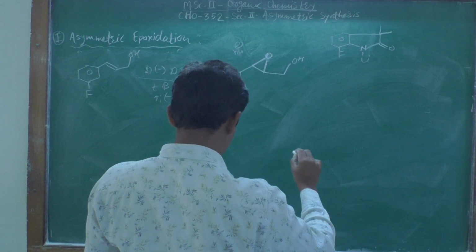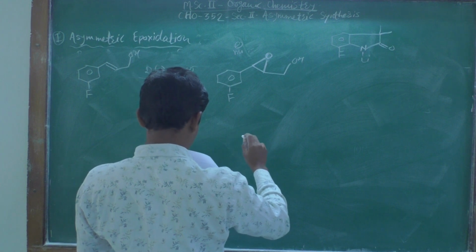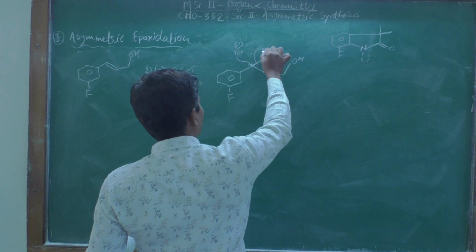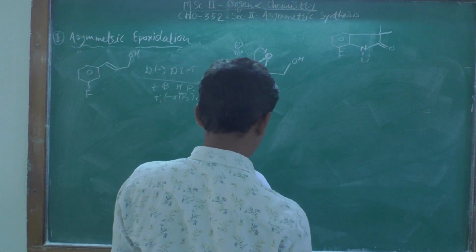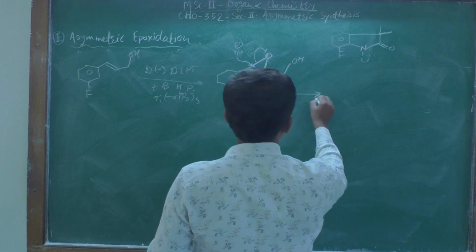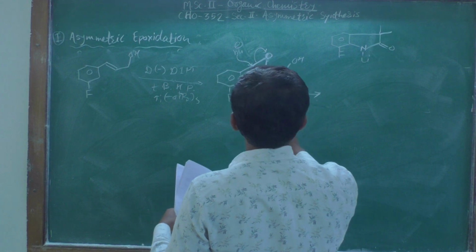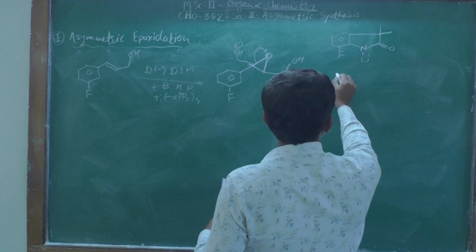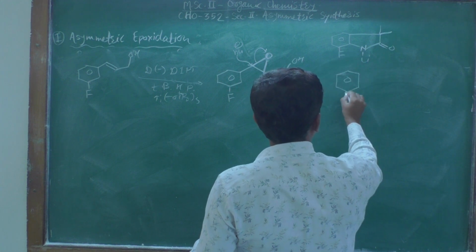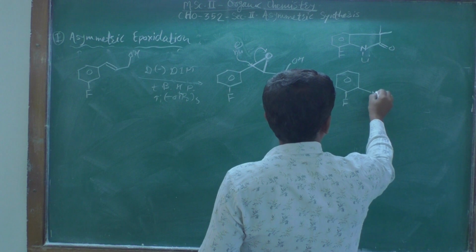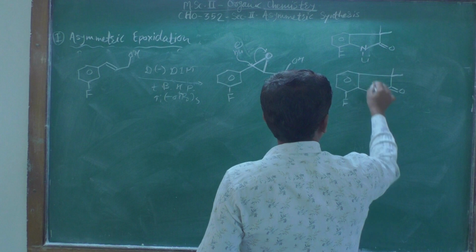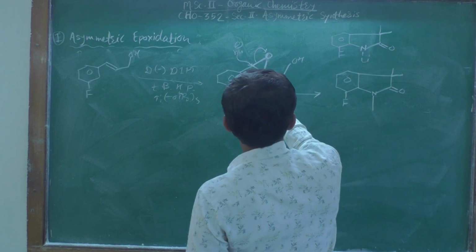The nucleophile attacks this epoxide carbon and it opens like this. So we get this ring, fluorine, nitrogen, carbon oxygen double bond, dimethyl group, and this nitrogen is attached to this carbon.